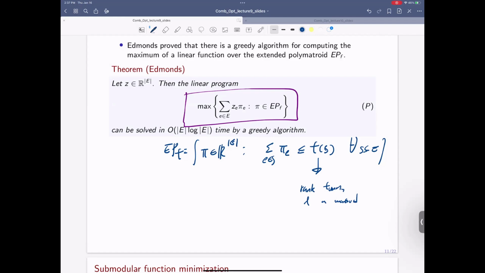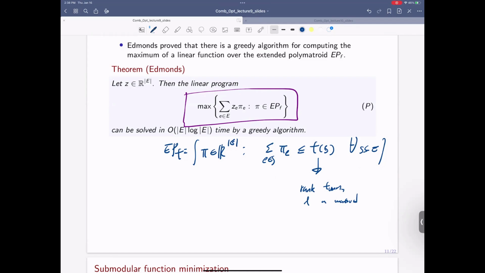Now people have realized, or maybe Edmonds himself also realized, that any submodular function gives you this thing. Okay. So here's a correct explanation. So matroid gives you this concept, okay? And in fact, Edmonds realized that any submodular function behaves like matroids.